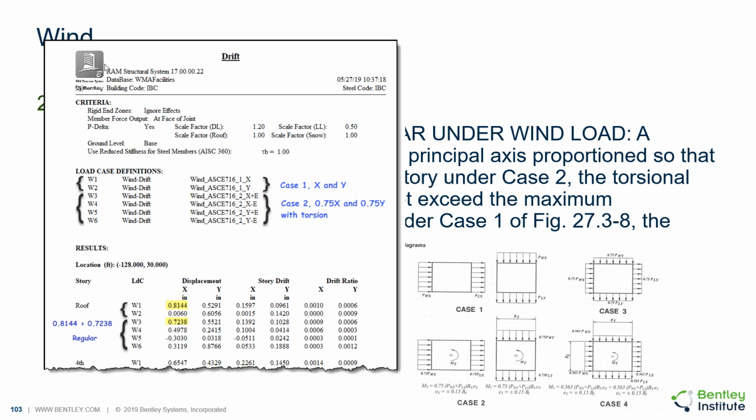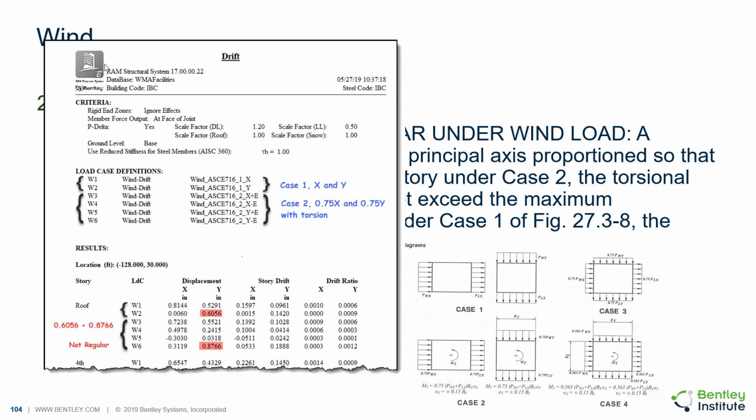So in this example, looking at the displacements, not the drifts, at the roof, the displacement in the x direction for the regular load case is 0.8144 inches, which is greater than the worst of the displacements for the torsional load cases at the same location, 0.7238 inches. This would indicate that the structure is regular, although you need to repeat this for all stories and look in both the x and the y directions.